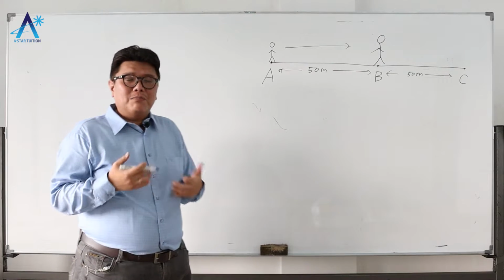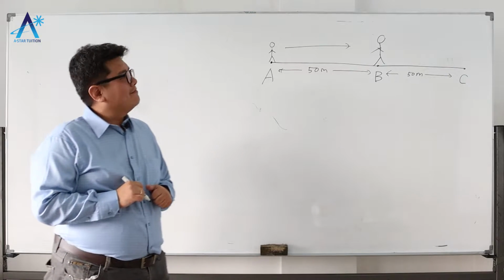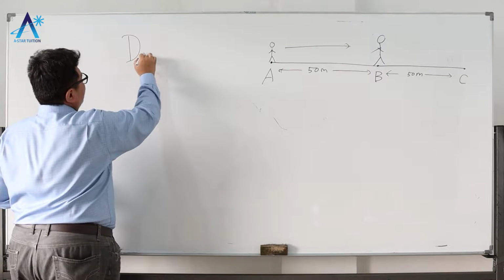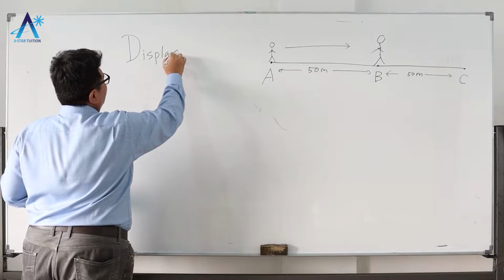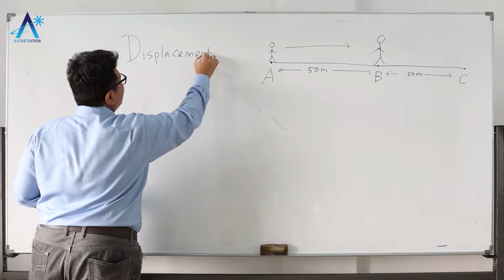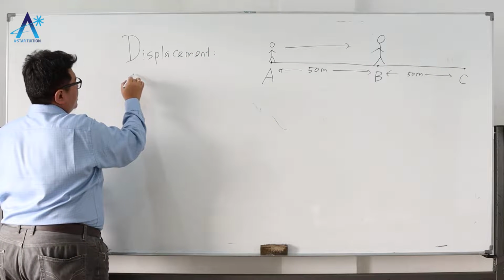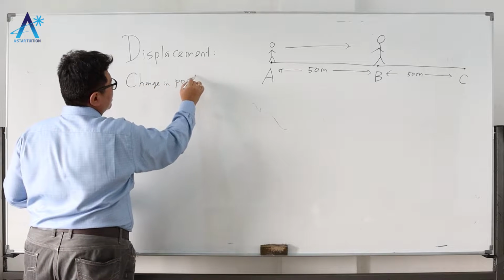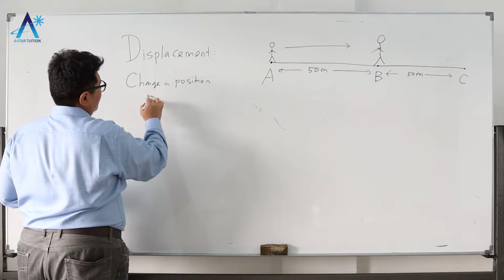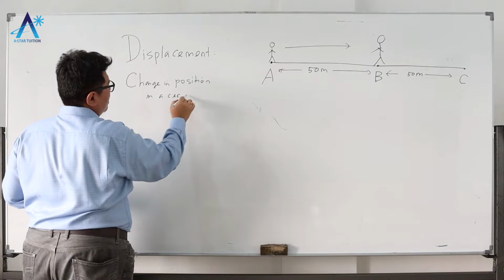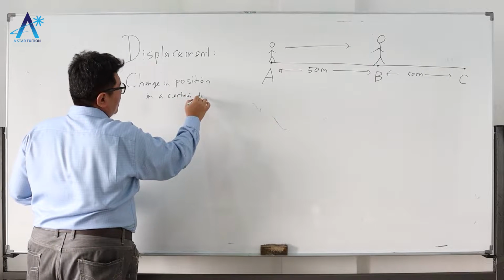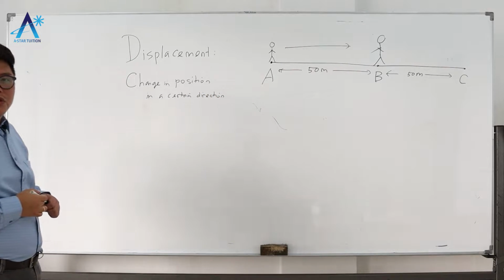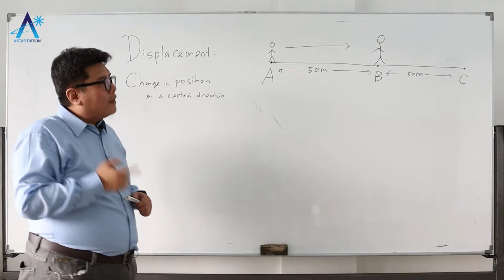What is the displacement of the person? In order to answer that, let's write down the definition of displacement. Displacement is the change in position in a certain direction. Remember that we restrict our discussion to one-dimensional motion, so there's only one dimension.